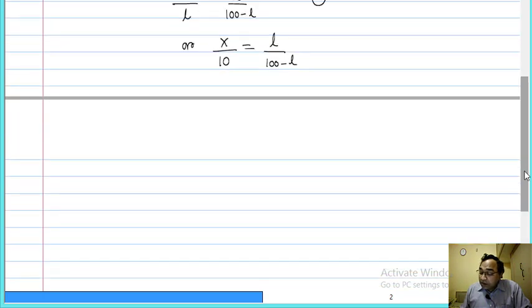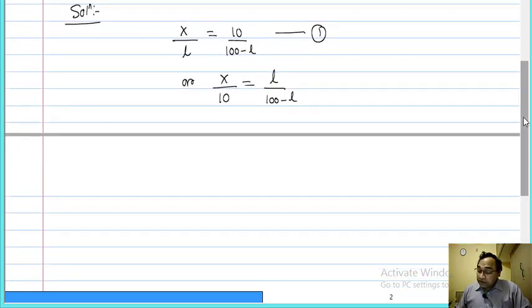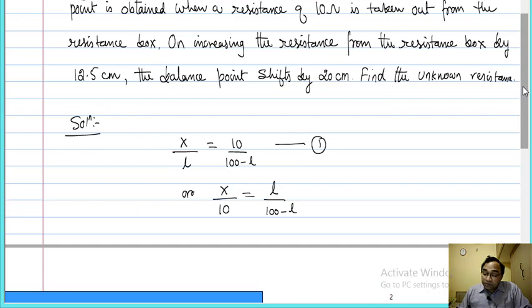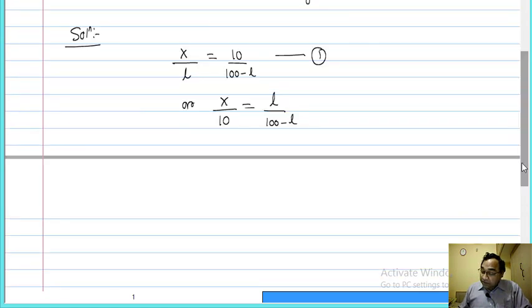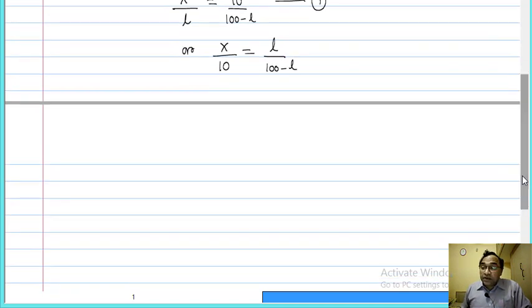What does it read? It reads, when resistance from the resistance box is increased by 12.5 ohm, sorry, here it is 12.5 ohm, the balance point shifts by 20 centimeter. So when you are increasing by 12.5, the resistance now becomes 10 plus 12.5.